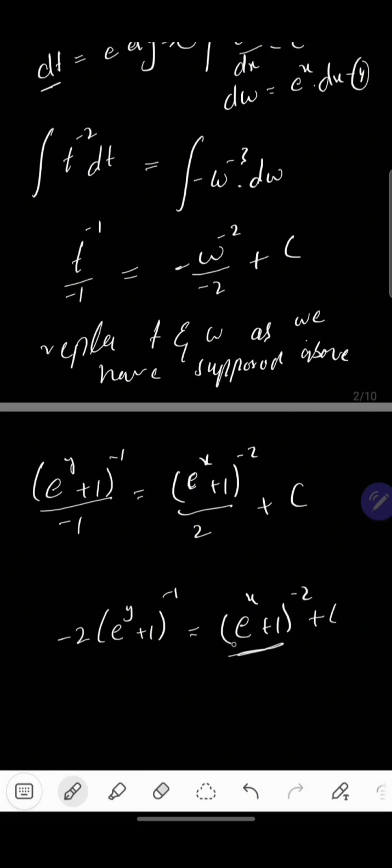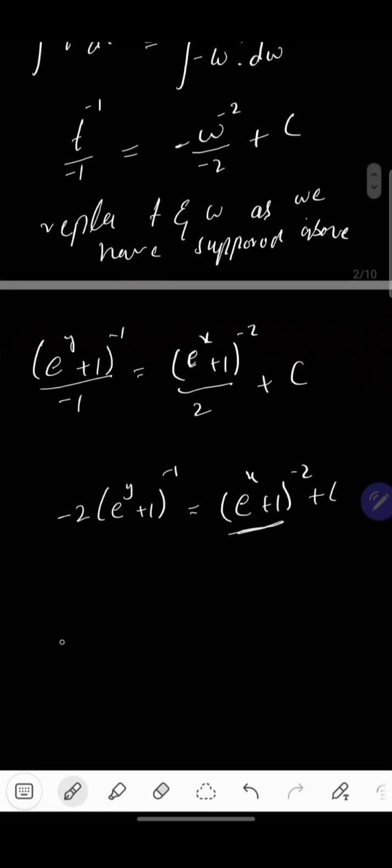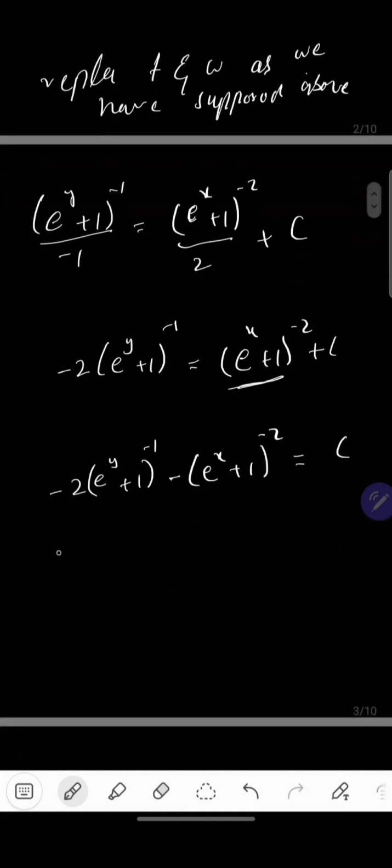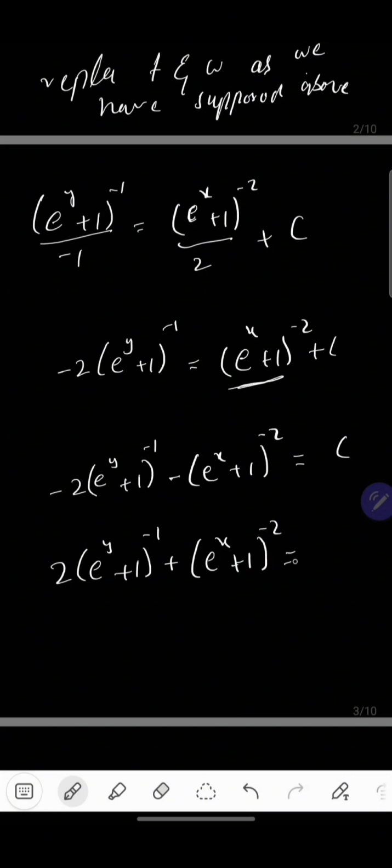We shift this term to the left side and we get minus 2(e^y + 1)^(-1) minus (e^x + 1)^(-2) equal to c. Now we multiply both sides by minus, so we get 2(e^y + 1)^(-1) plus (e^x + 1)^(-2), and on the right side we again get minus c.